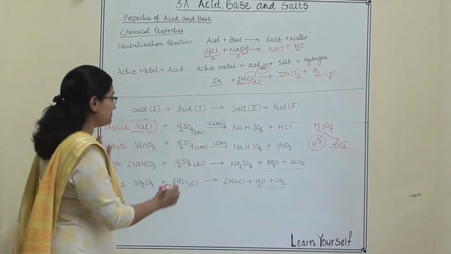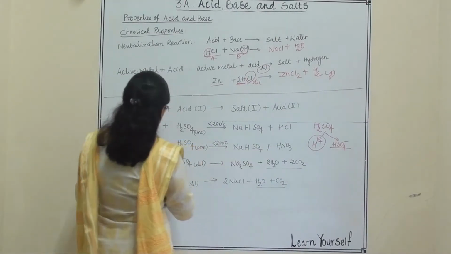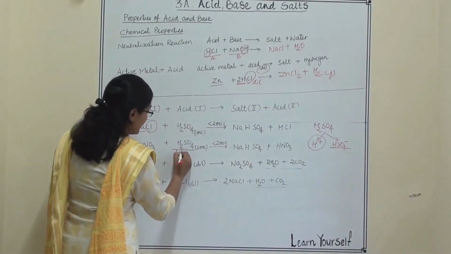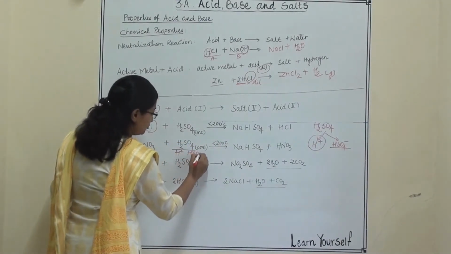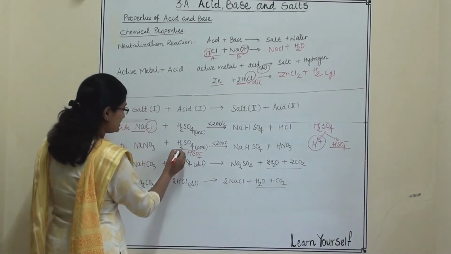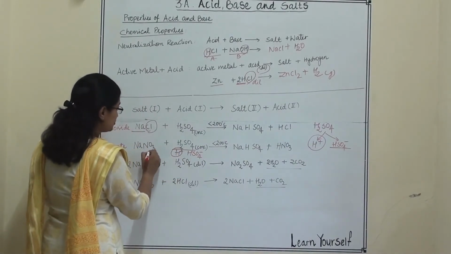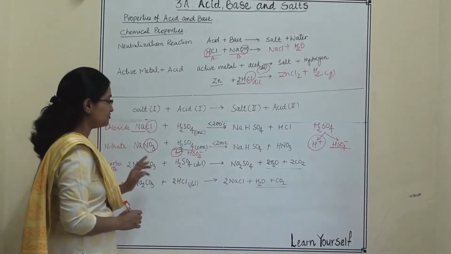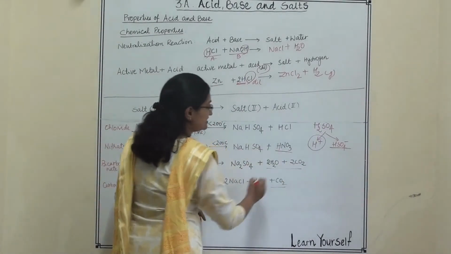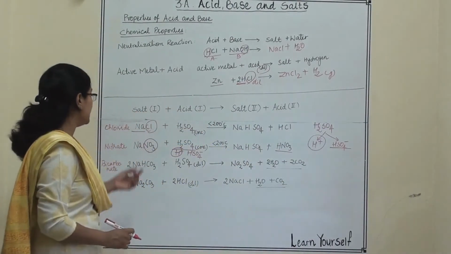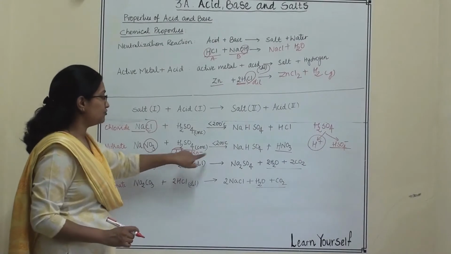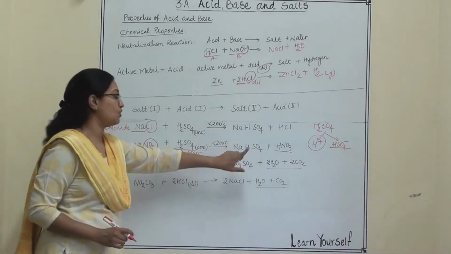The same way, this will bifurcate into H plus and HSO4 minus. So this H plus will react with NO3 minus, so it will give us another acid, that is HNO3. And NaHSO4 will be the other salt.